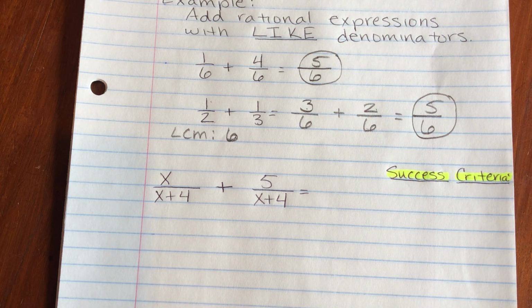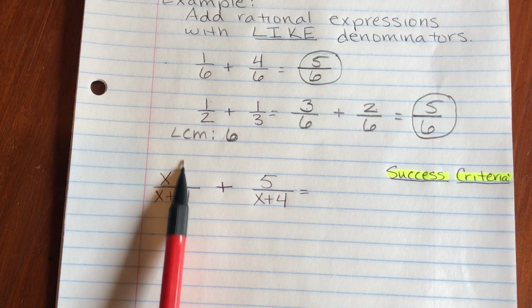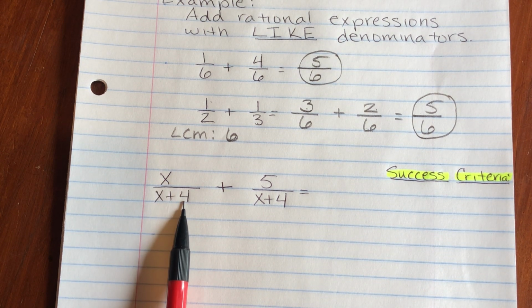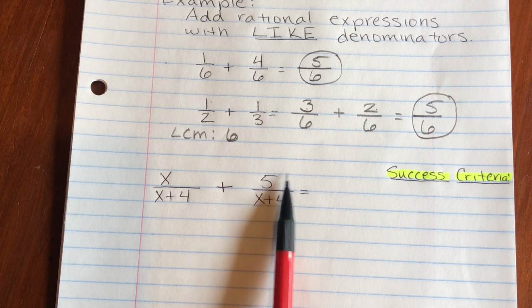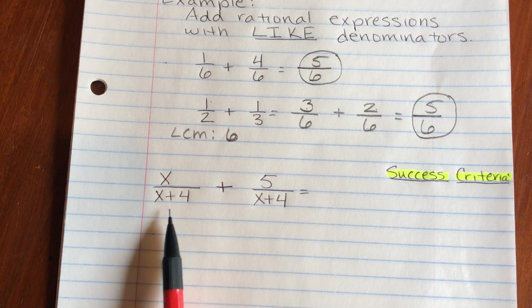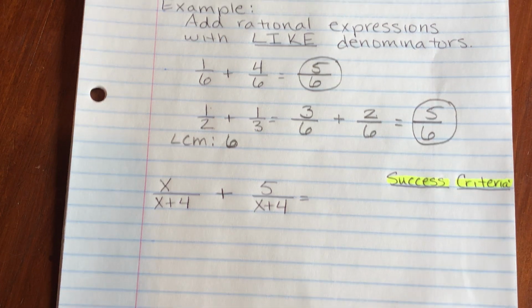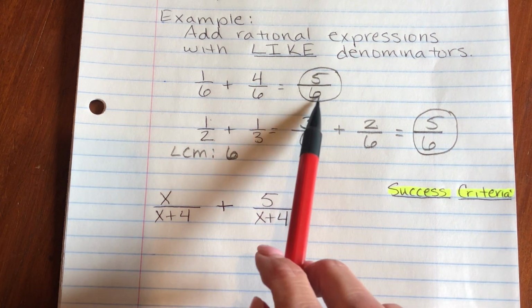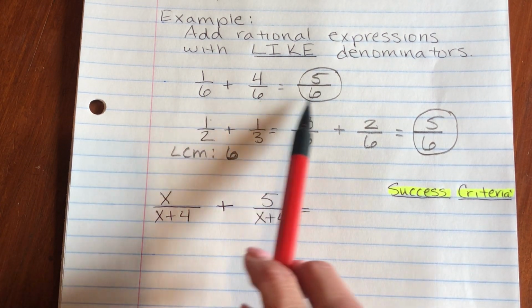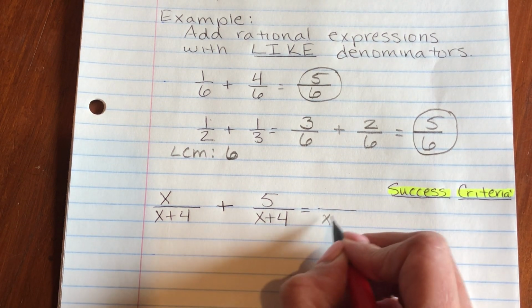Now notice the denominators. The denominator for this first fraction is x plus 4. The denominator for the second fraction is also x plus 4. They are like denominators. So I can apply that same concept that I used up here when I had the same denominator and just carry that denominator over.